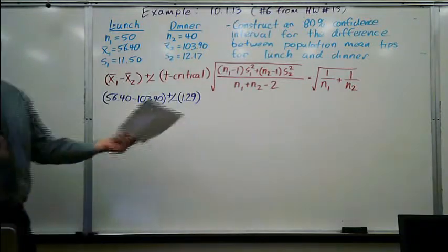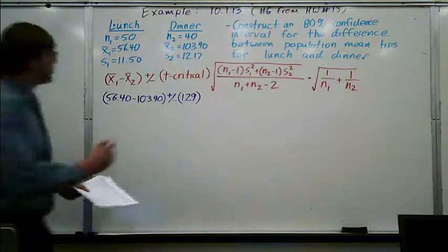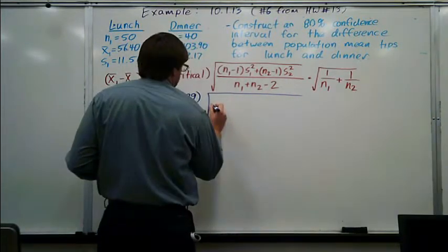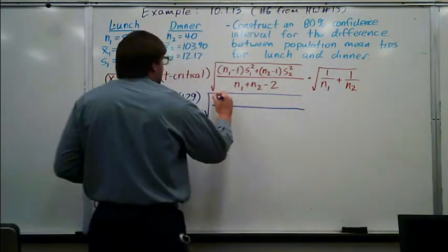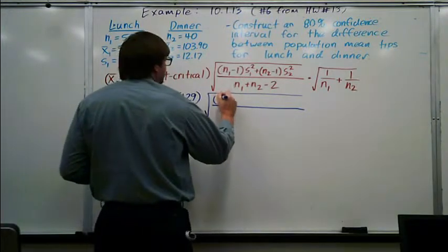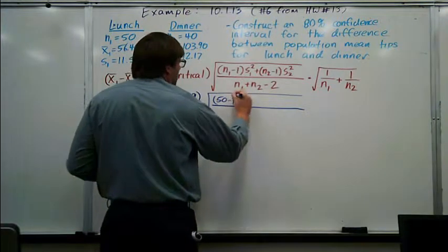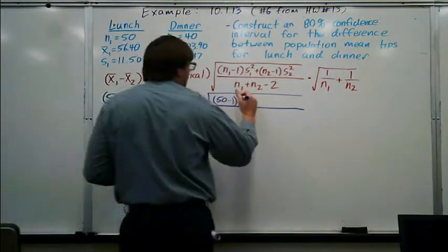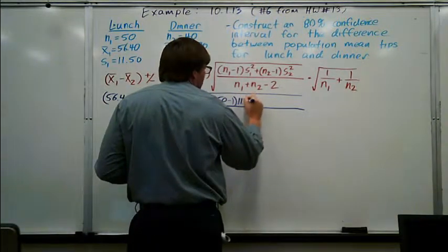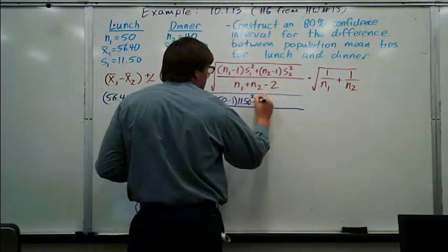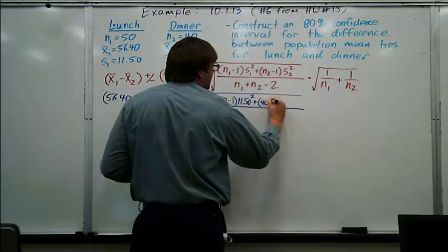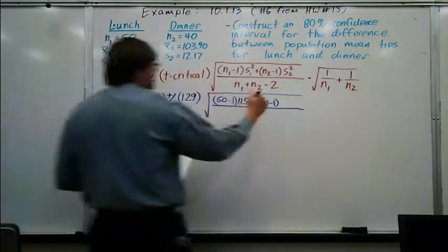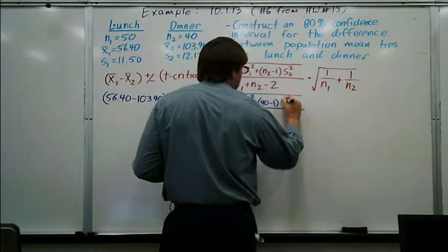Now, of course, we just need to plug in all the rest of the information for the formula. Sample size 1 is 50. Subtract out 1. Sample standard deviation 1 is 11.5. Plus sample size 2 of 40. Subtract out 1. Multiplied by its sample standard deviation of 12.17 squared.